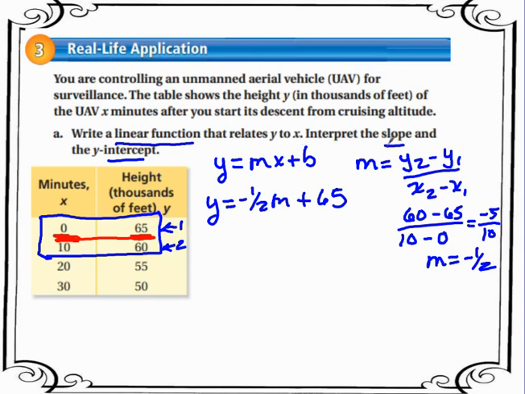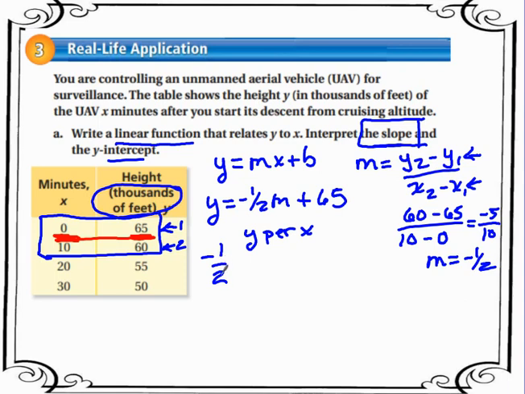Now interpreting the slope. Remember, whenever we interpret the slope, we take the slope itself, negative 1/2, and then we do the y values, because y is on the top, y per x. We're going to look for the y values, and this is thousands of feet.